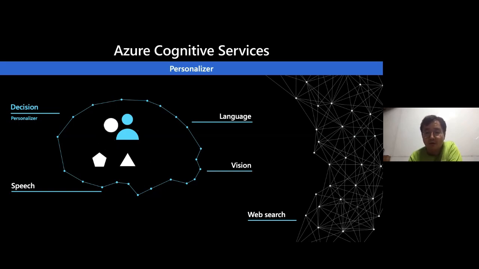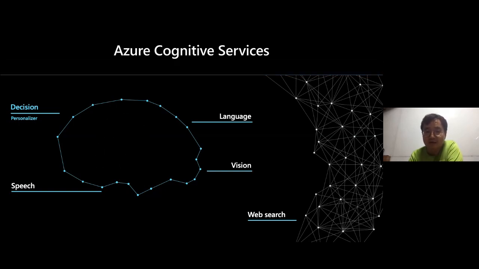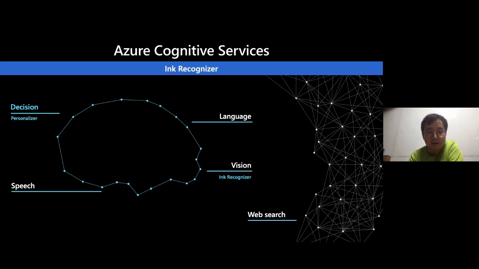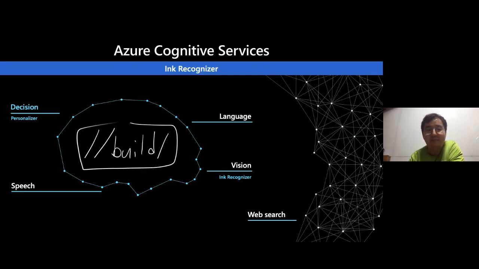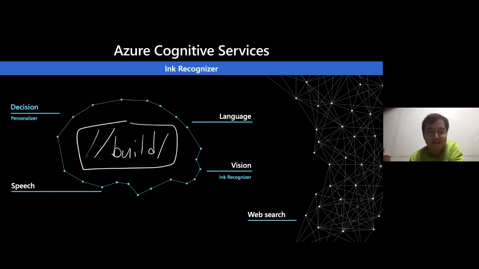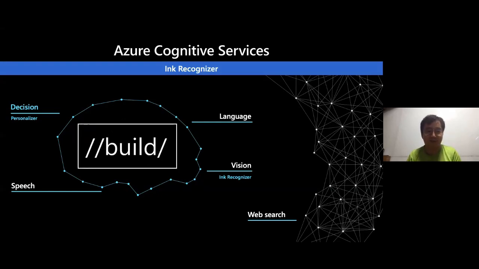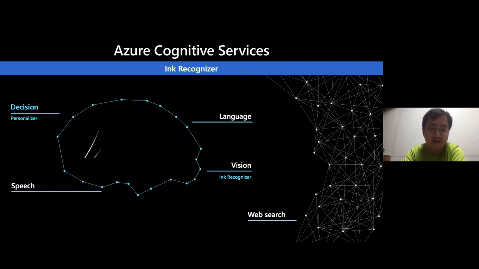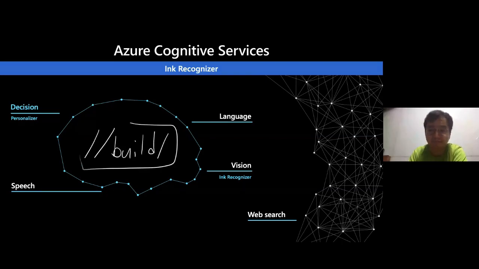We also want to continue to bring new services in other categories, but I'm not very sure whether I have enough ideas to integrate, for example, Ink Recognizer, which recognizes your typed words, so that, for example, BUILD can be recognized as BUILD in English characters. But if we have some great idea to integrate with handwriting, then Ink Recognizer would be great.